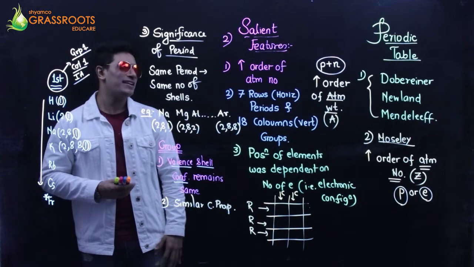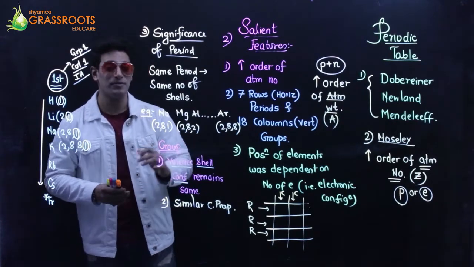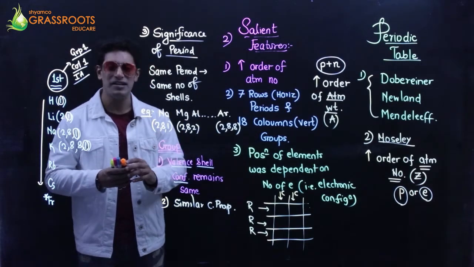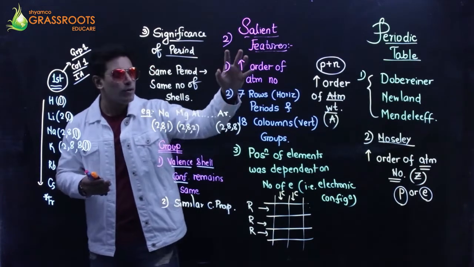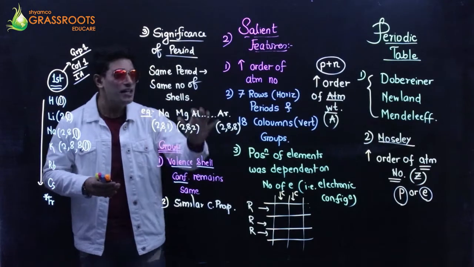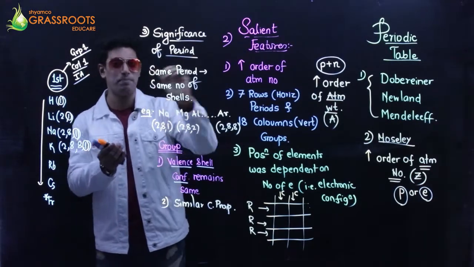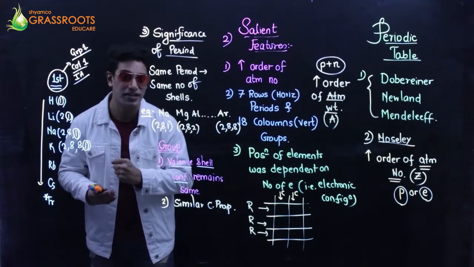So this was just a brief base from the 9th standard perspective. In 10th standard, we're going to talk a bit more in depth about the periodic table. However, if I talk about the salient features, in the periodic table there were a few properties which were studied.